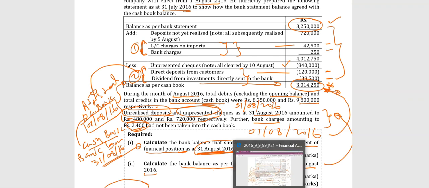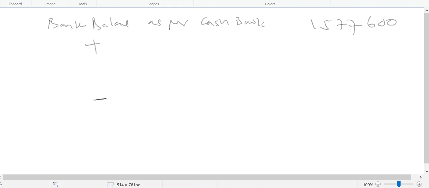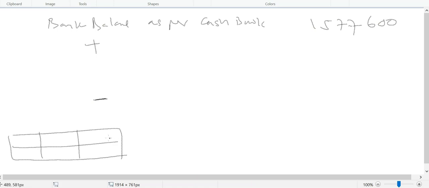Okay, now this is the way I check the impact, the bank statement, cash book. Okay, unrealized deposits, the cash book balance is more, bank balance is less. This is for unrealized deposits. This is for the unpresented checks.